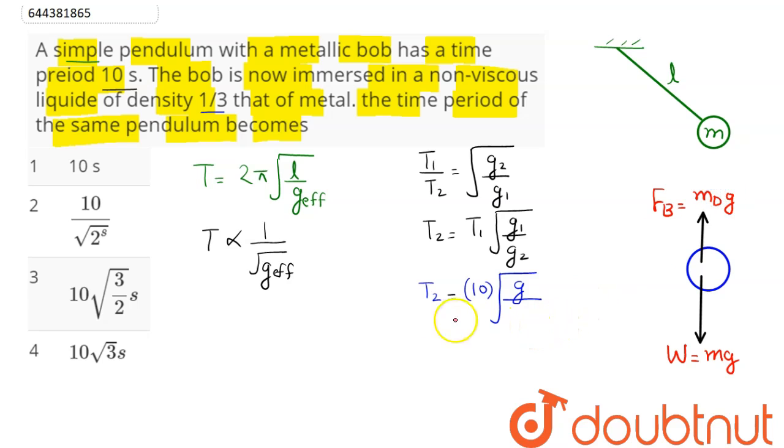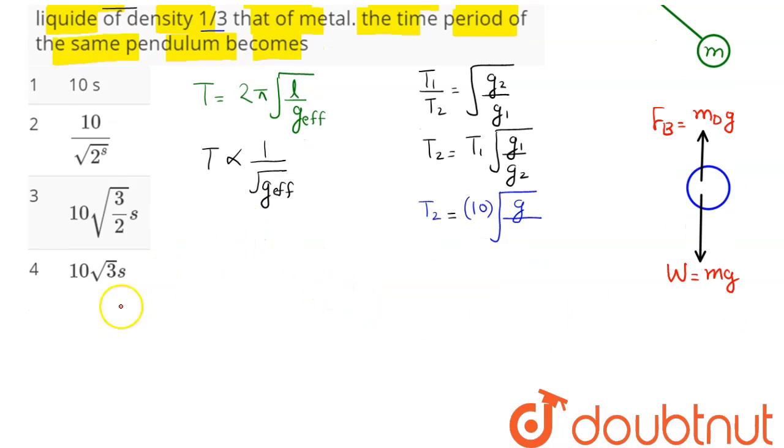So the apparent weight can be written as W dash equal to weight minus buoyancy force. This can be written as M into G2, the G effective, is equal to mg minus mass of displaced liquid into G. Now the question says the density of the liquid is 1/3 of that of the metal.